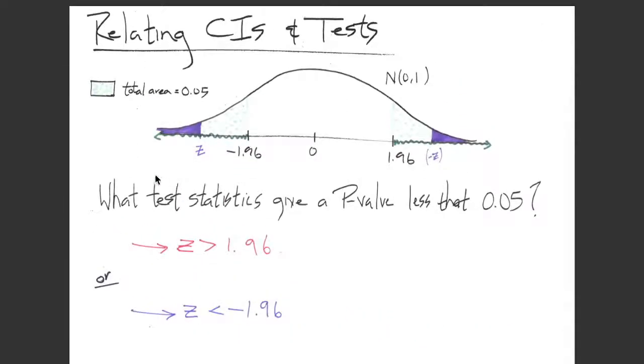The test statistics that give a p-value of less than 5% would be test statistics that are either bigger than 1.96 or less than negative 1.96. And remember, if you have a p-value less than 5%, you're going to reject at the alpha equal 5% significance level. So these are precisely the test statistics that would make us reject the null hypothesis.